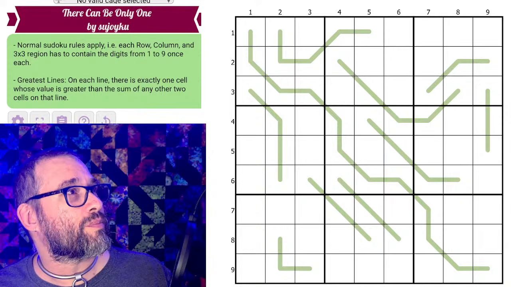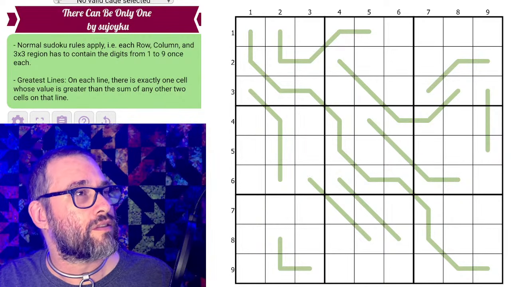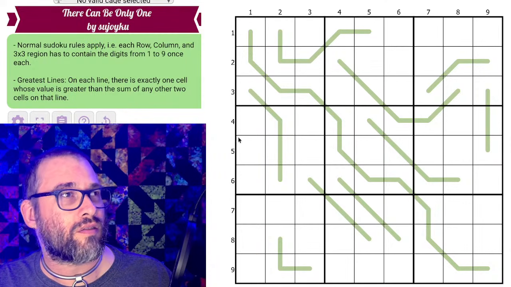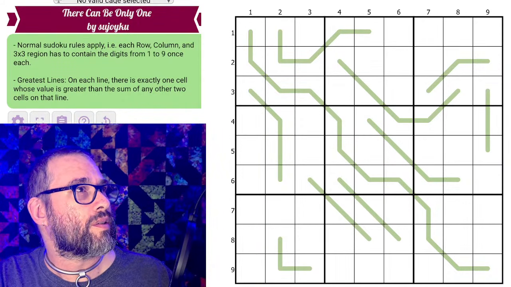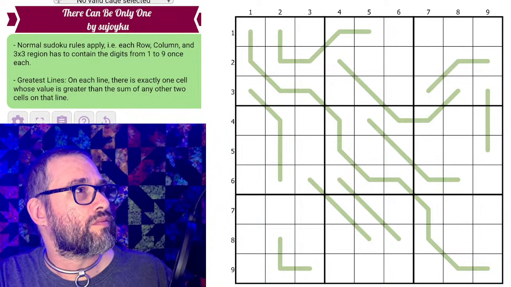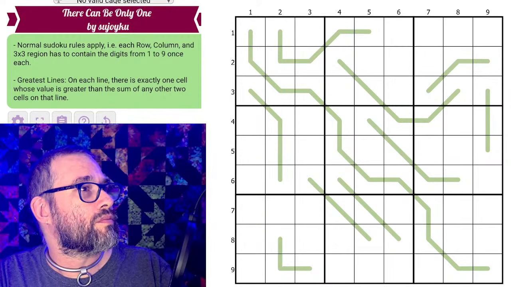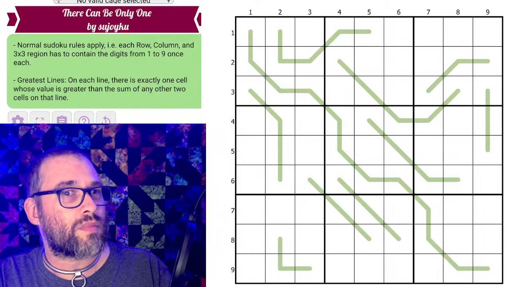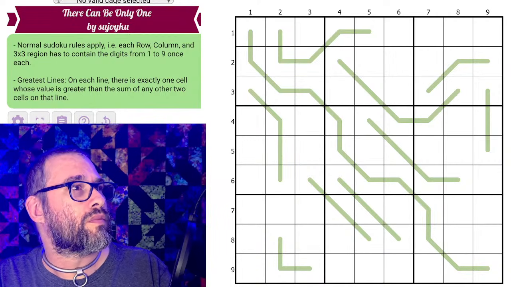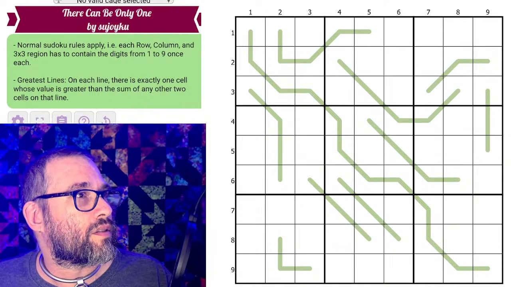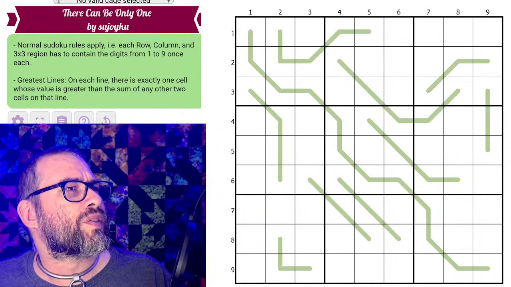Has anybody done puzzles with this rule yet? Let's see. Did I post the link? I don't think I did.